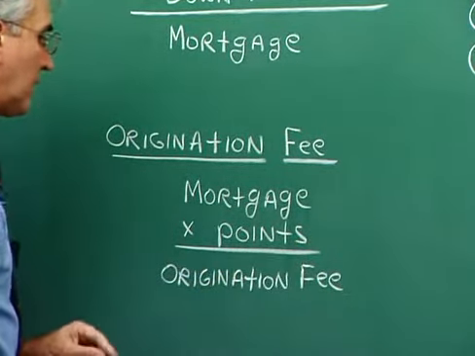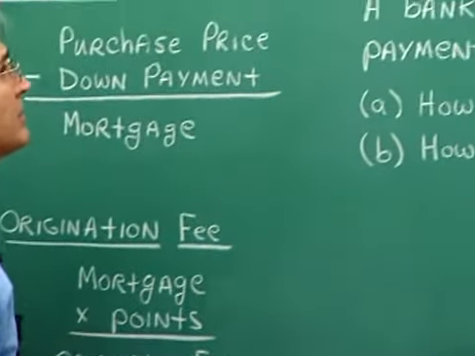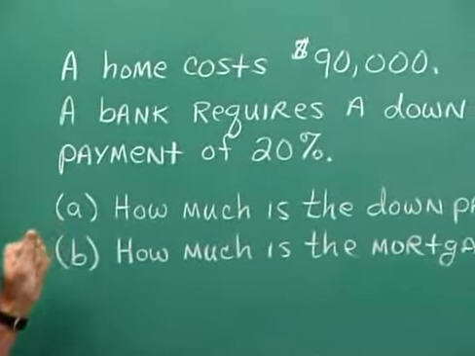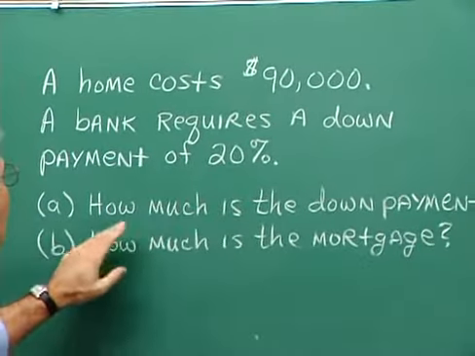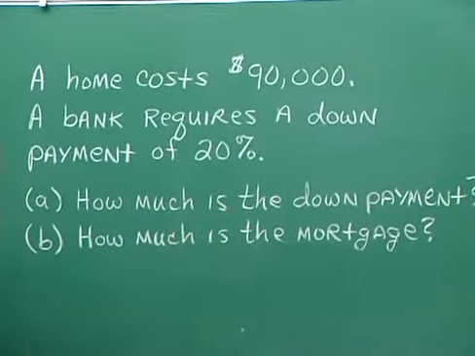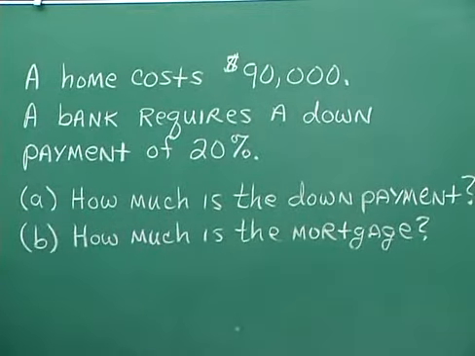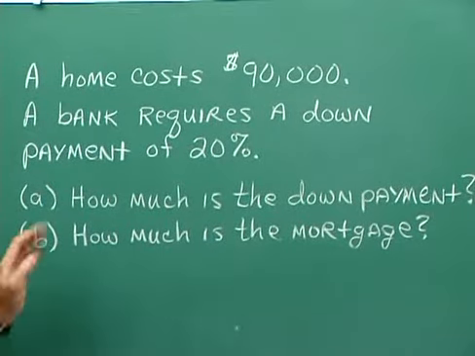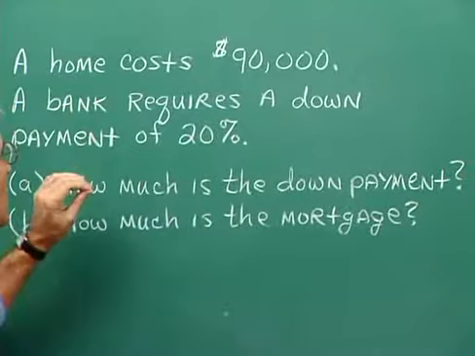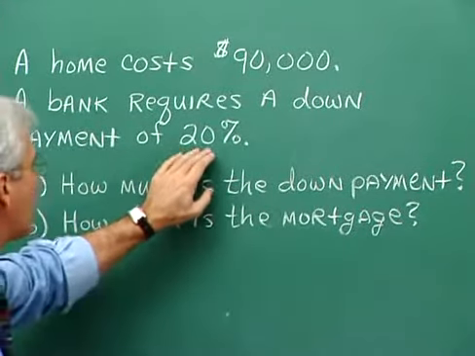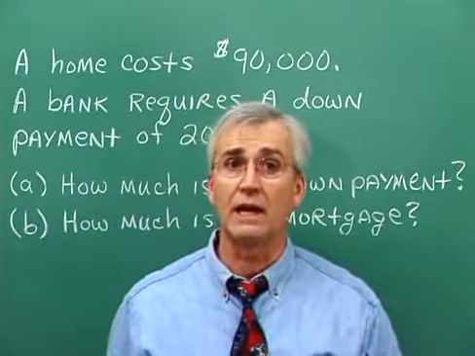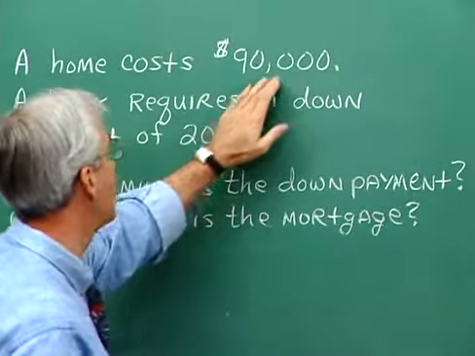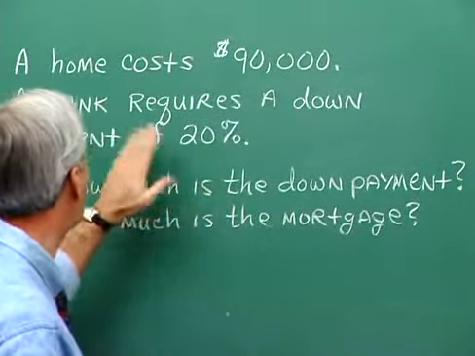All right, so to get the origination fee, let's look at a couple of problems. A home costs $90,000 and a bank requires a down payment of 20%. We want to find out how much the down payment amounts to and how much the mortgage amounts to. And in reading through this, it may not be evident, but this 20% really has a hidden operation in it. It's 20% of something, and it's 20% of the $90,000 for this down payment.